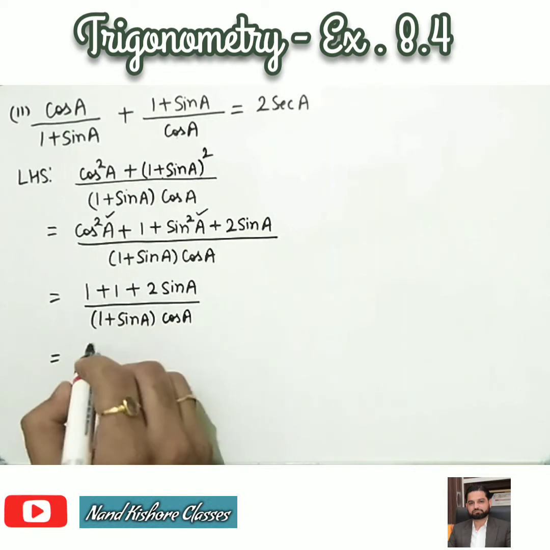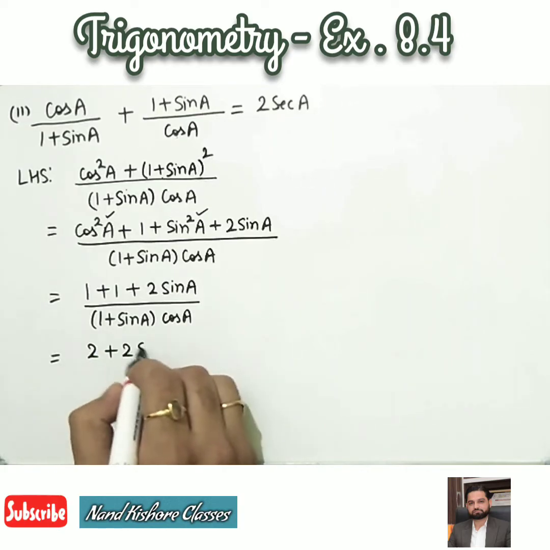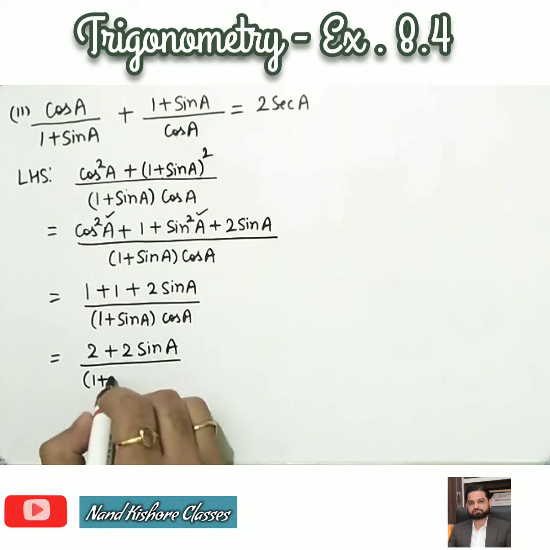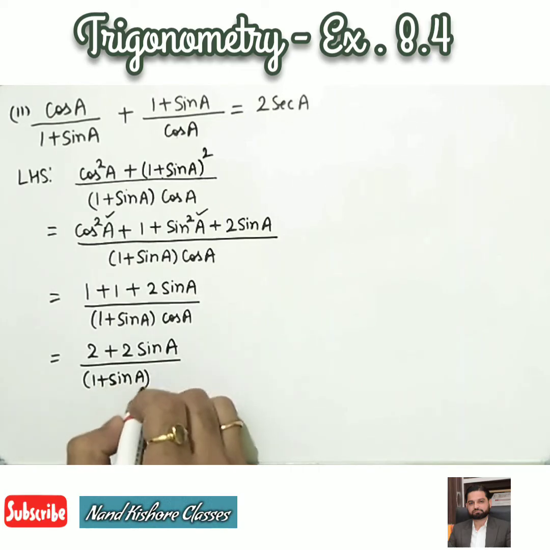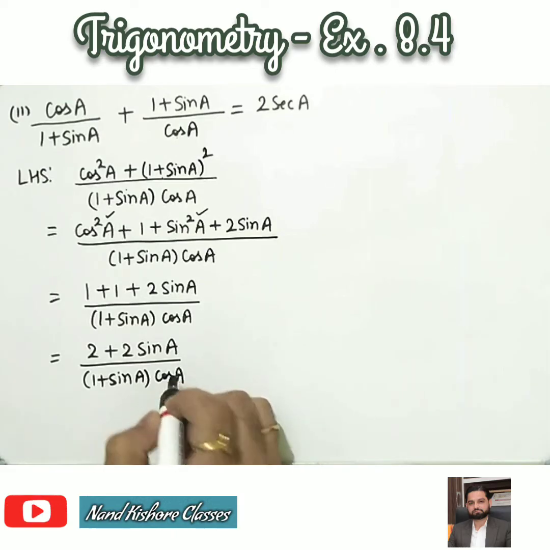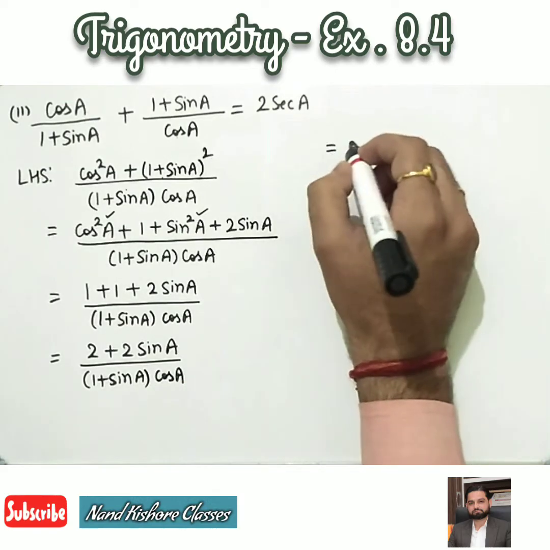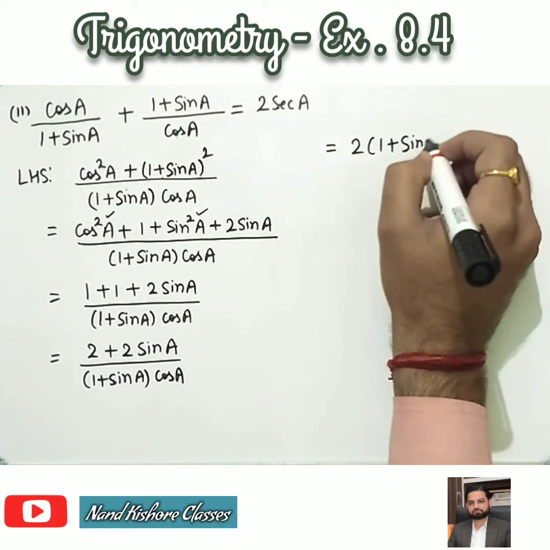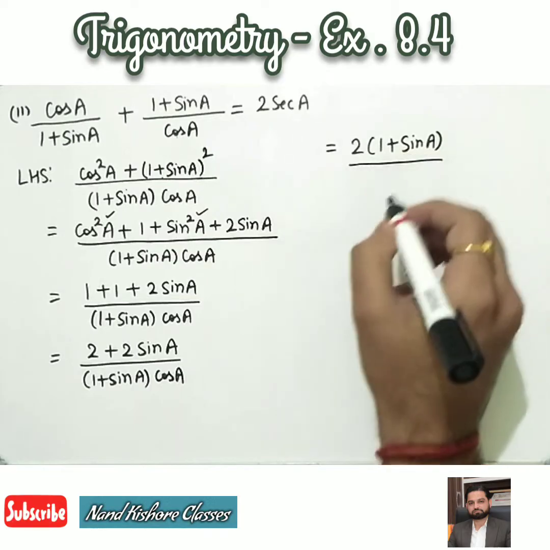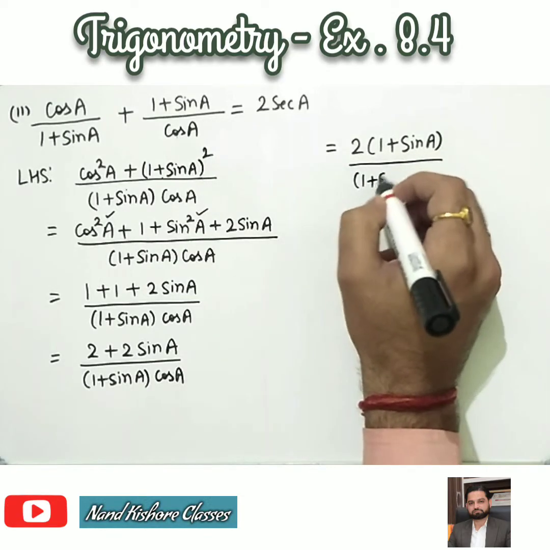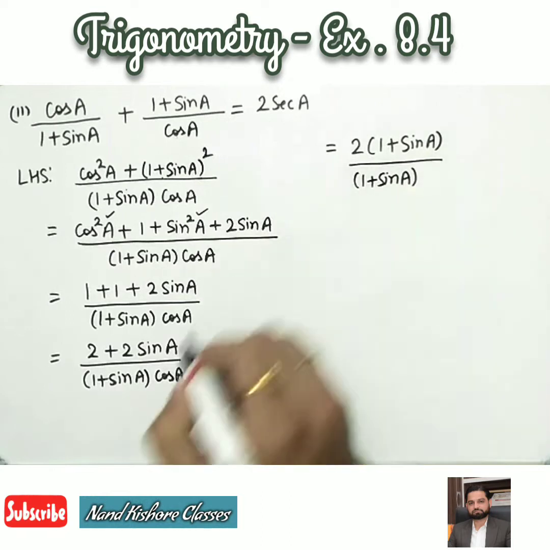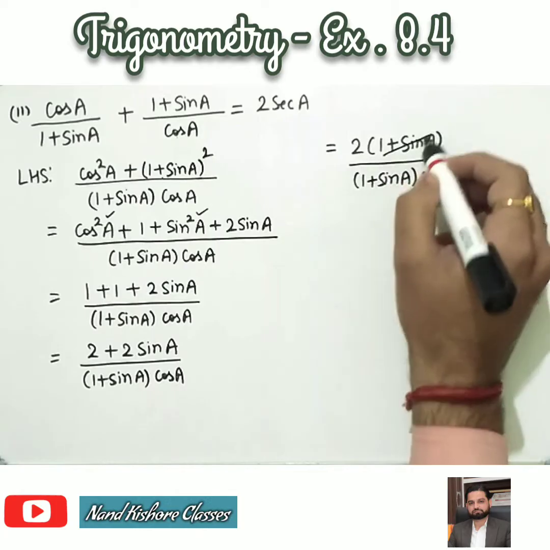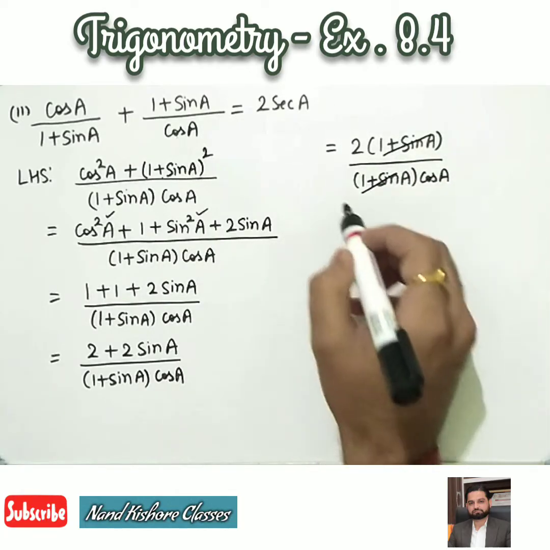Now 1 plus 1 is 2. We get (2 plus 2 sin A) over (1 plus sin A) into cos A. Now 2 common from numerator. If I take 2 common, it becomes 1 plus sin A. Denominator is already (1 plus sin A) into cos A. So now this 1 plus sin A and 1 plus sin A are cancelled.